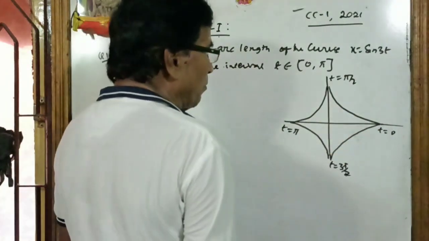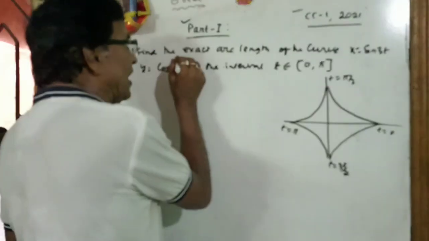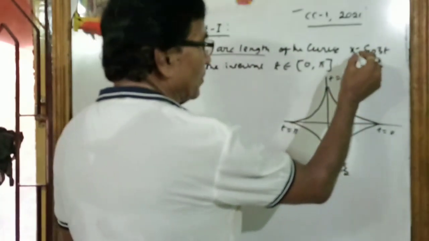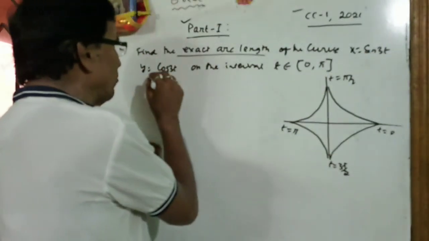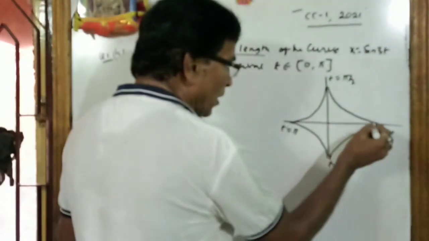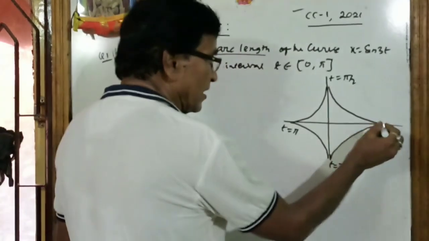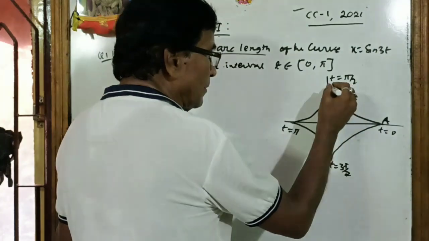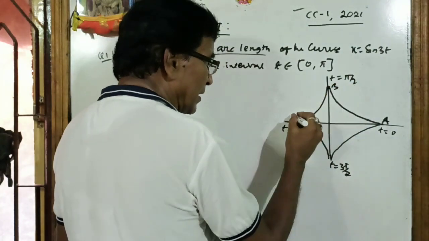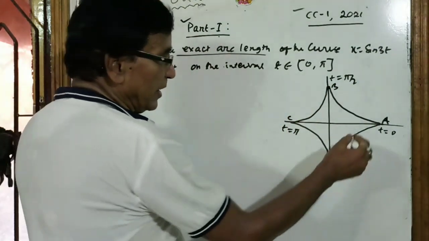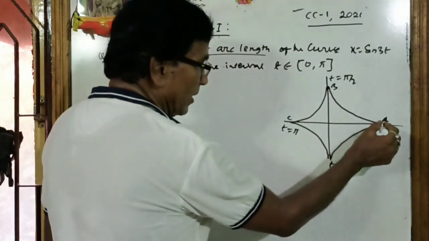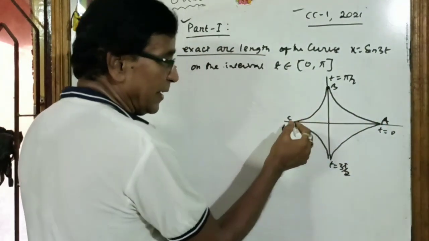So we have to find the exact arc length of the curve x is equal to sine 3t, y is equal to cos 3t, that means from 0 to pi. That means this arc is A, B, C. So this arc we have to find, the arc length ABC.